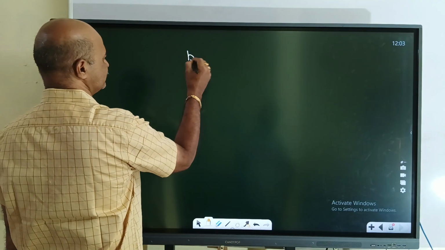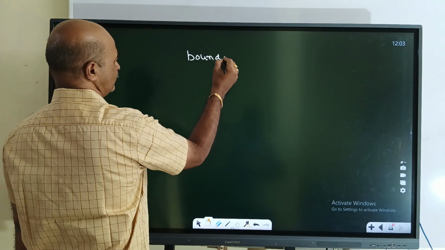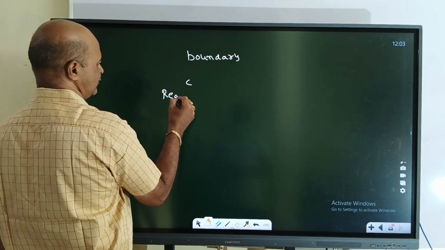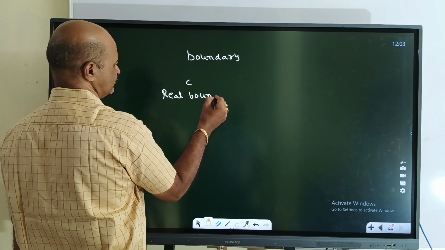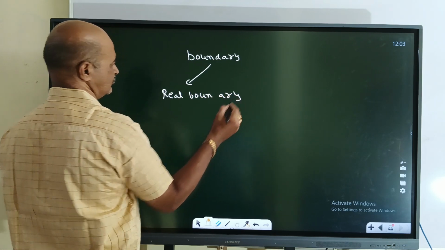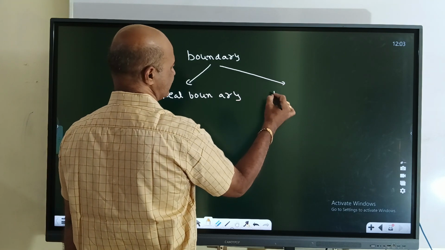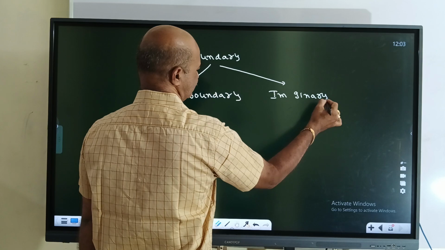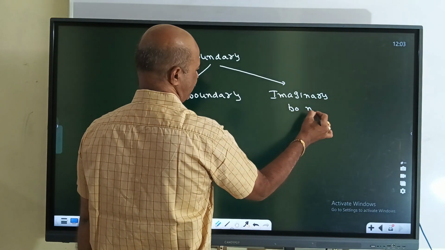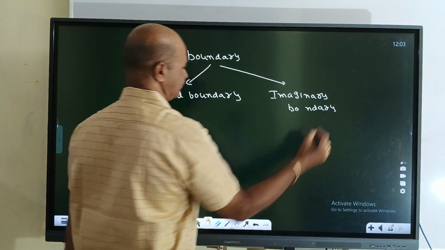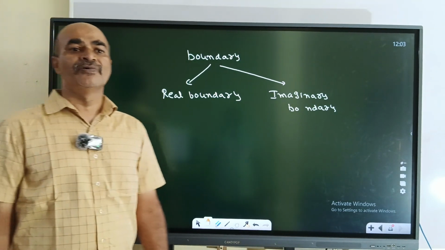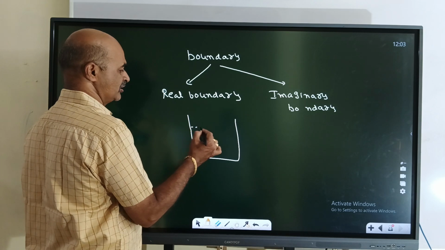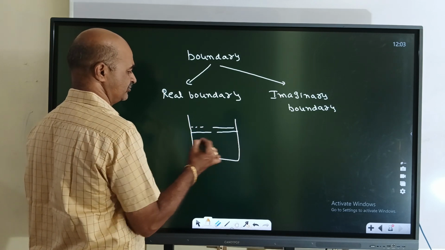Boundary has two types. One is real boundary, and the second one is imaginary boundary. Suppose water is taken in a vessel.